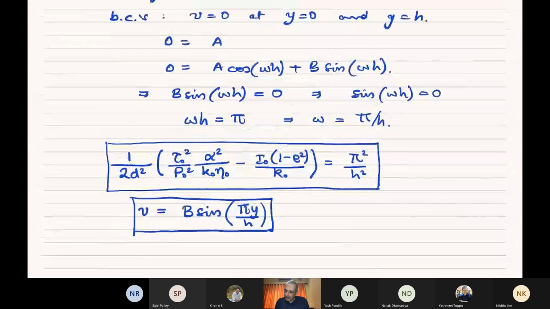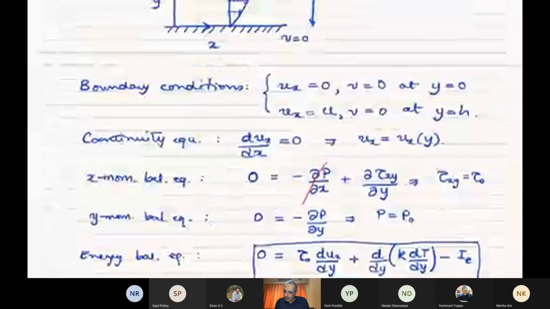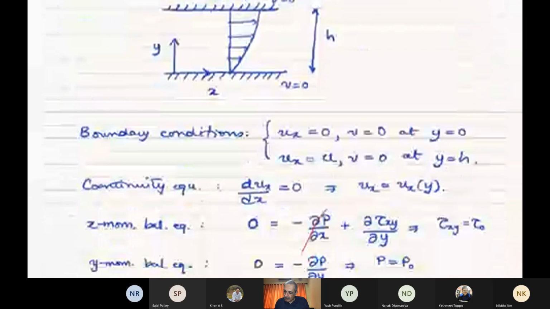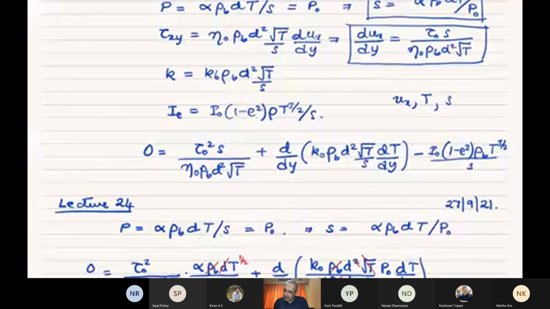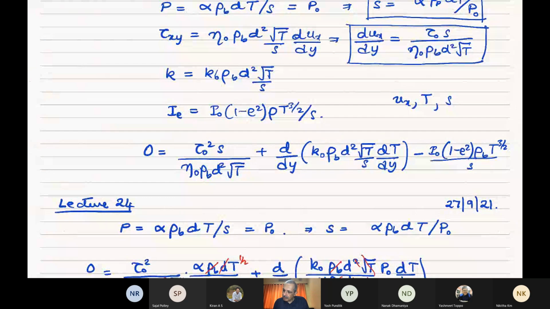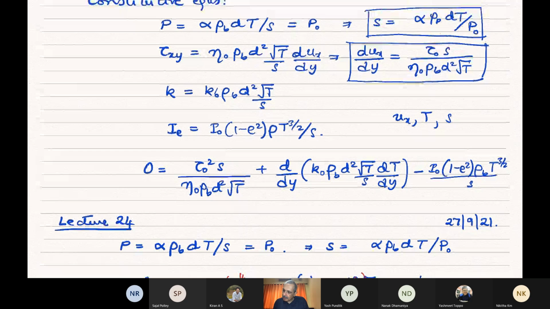And if I just go back in time, so all these things we have done. The main thing I want to show you is this equation, and this is what we have to use. This equation is what we have to use along with this one to get an expression for ux in terms of the temperature, which we now know.